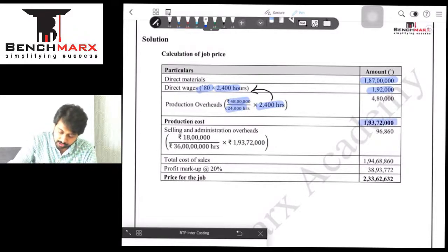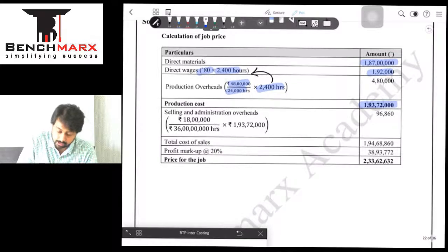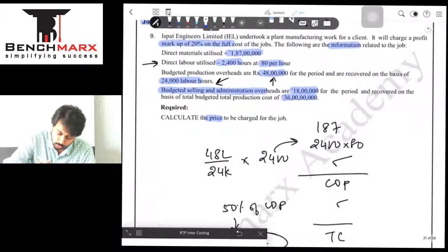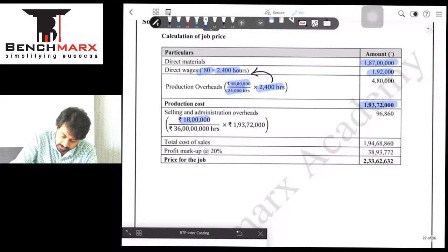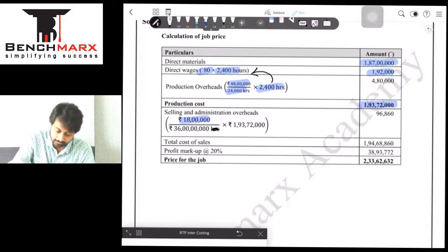Then my absorption rate was, when 18 lakh was the total overheads for the whole year, 36 lakhs, these are not hours, what is it? Cost, these are rupees, it is wrong, these are not hours. So when my overheads were 18 lakh for the whole year, my total production cost was 36 lakhs.